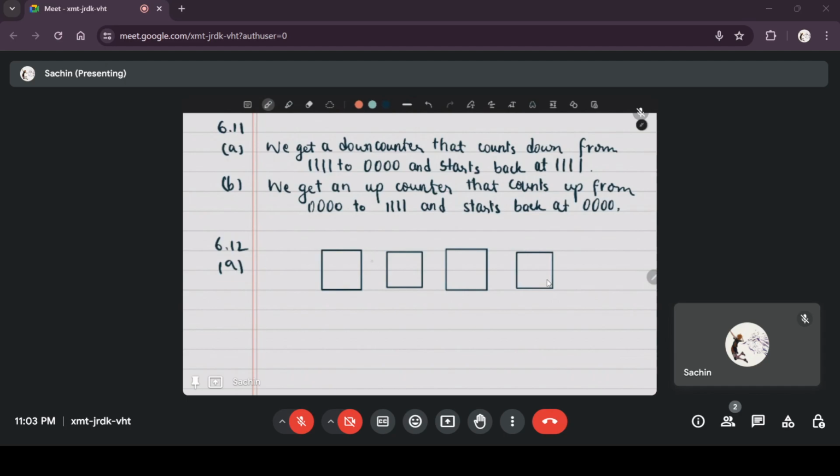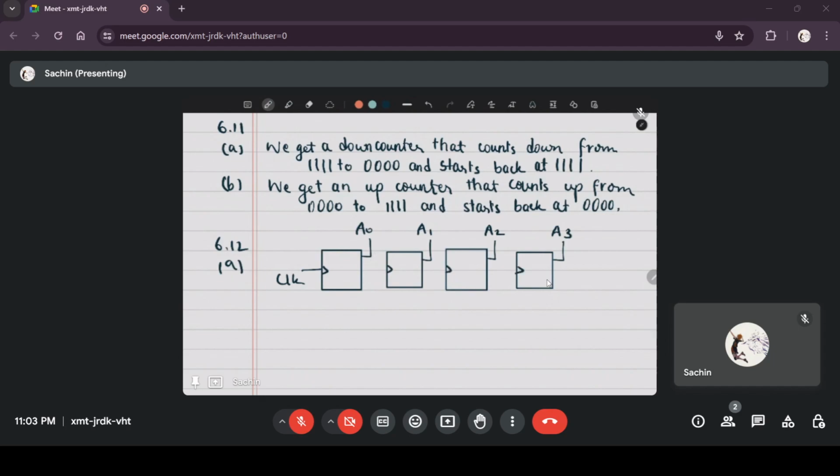If you have positive edge triggered flip-flops, then you give the clock here.